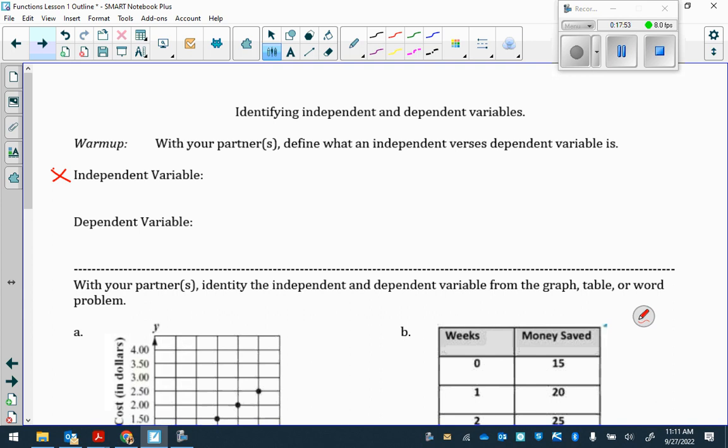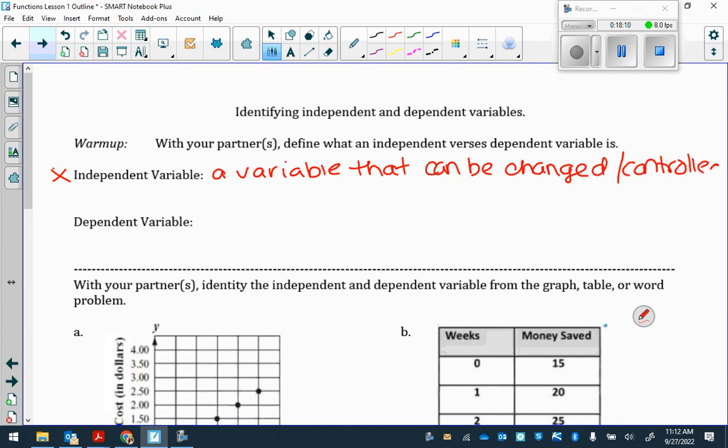So X is your independent variable. A variable that can be changed or controlled in order to measure a dependent variable.